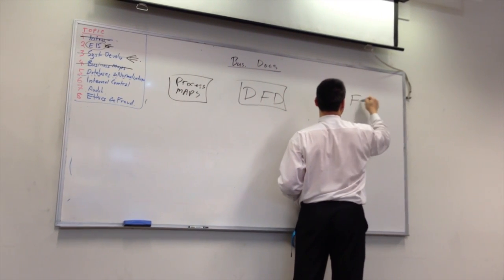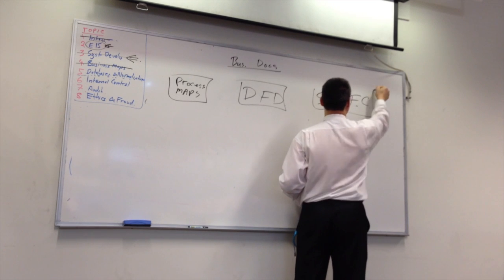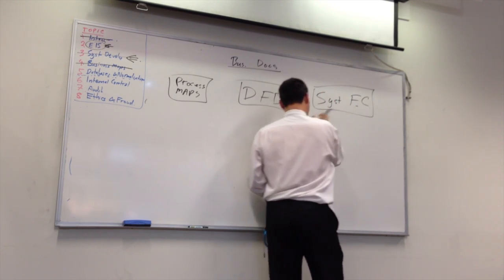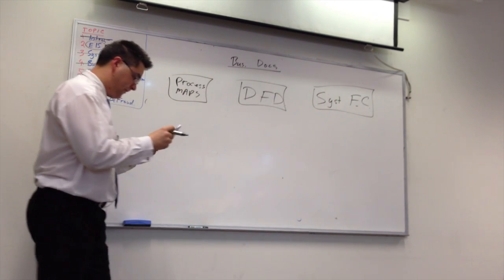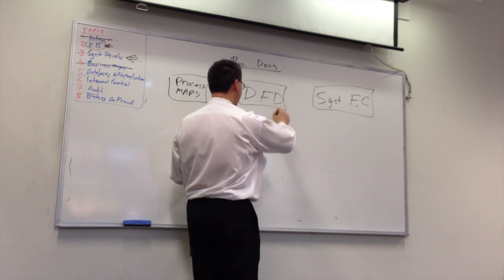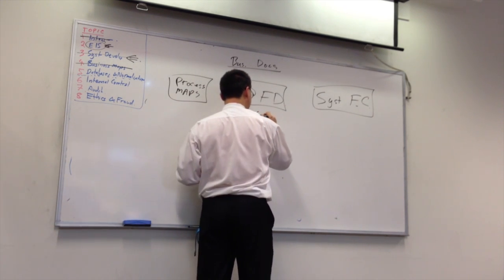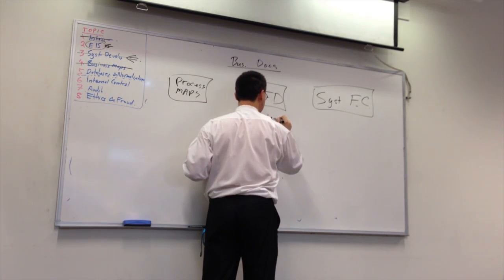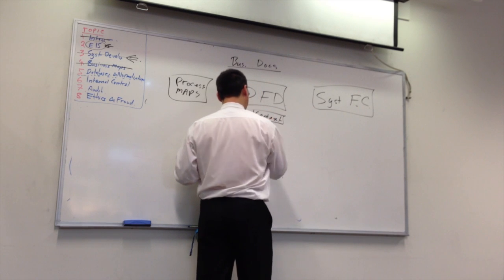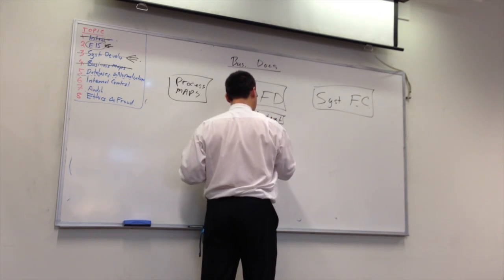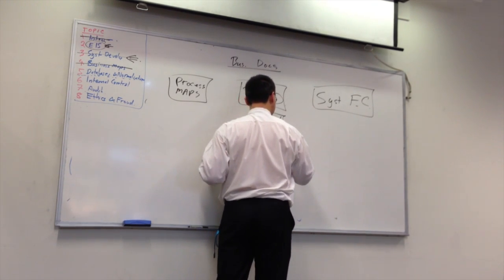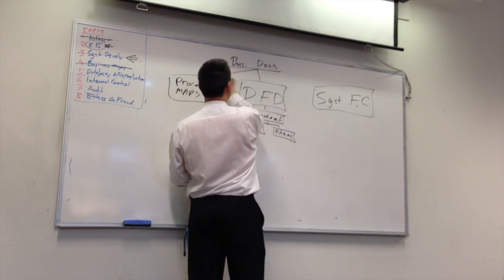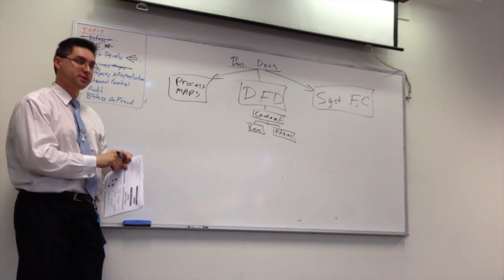Let's write FC for flow charts because I'm lazy. Underneath data flow diagrams, there are three: there is a context, and there is also logical and physical. Pretty cool. You guys know this.